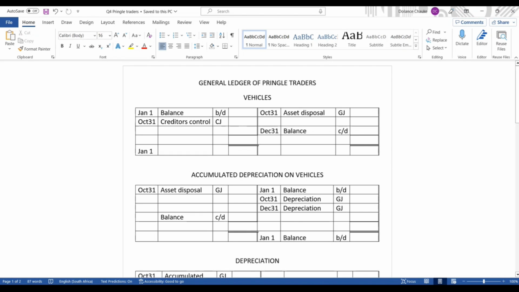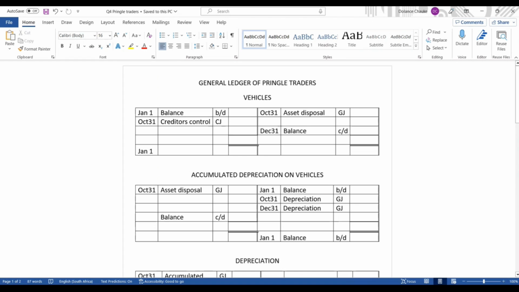Firstly, we're going to start by preparing the vehicles account. Last week, if you checked, for those I did with last week, where there is creditors control, there was bank, because we purchased the new vehicle for cash, right? But anyway, it's fine. Don't worry.